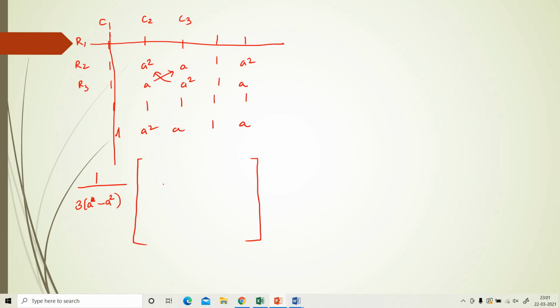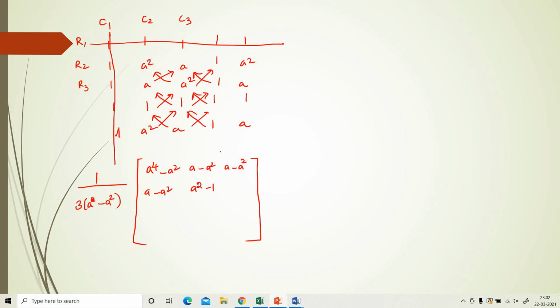Next, how to find out the value? Here A power 4 minus A square. Multiply in the column ways but write in the row ways. A minus A square. Okay, next A minus A square. The first row is completed. In the similar manner write A minus A square, and then write A square minus 1.